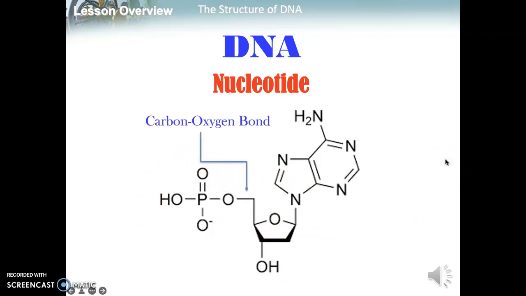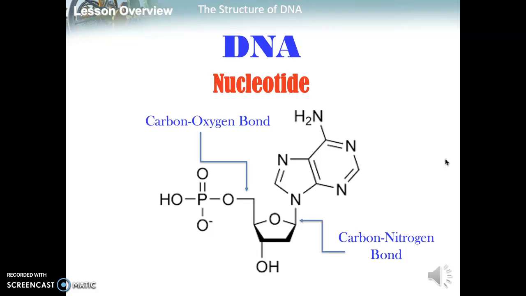Holding these things together are special types of covalent bonds, as I mentioned earlier. The phosphate group is attached to the sugar with a carbon-oxygen bond. The oxygen from the phosphate joins with one of the carbons in the sugar, and specifically it joins on the 5-carbon. On the other side, we have what is called a carbon-nitrogen bond.